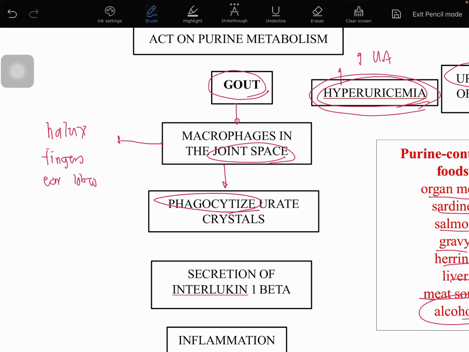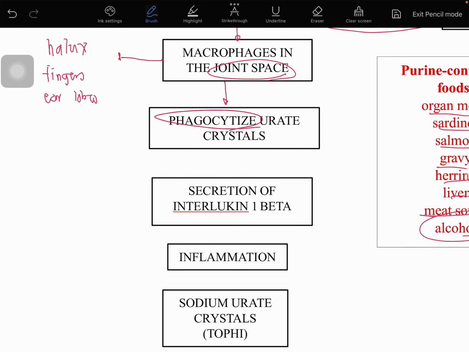Ngayon, wherein these are just the results of your high level or accumulation of your uric acid. Nagkakaroon pa ng crystallization or presence of your uric crystals at that inflamed joints natin. Ngayon, pag kinain ng ating mga macrophages yung ating mga uric crystals natin, nagkakaroon po ng release or secretion of your interleukin 1 beta.